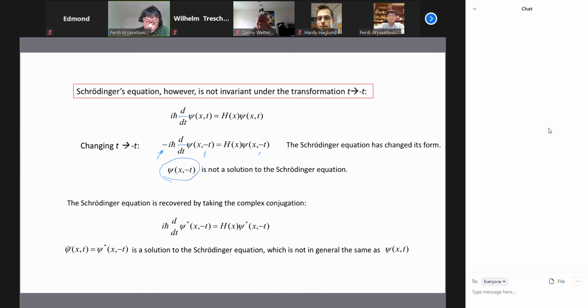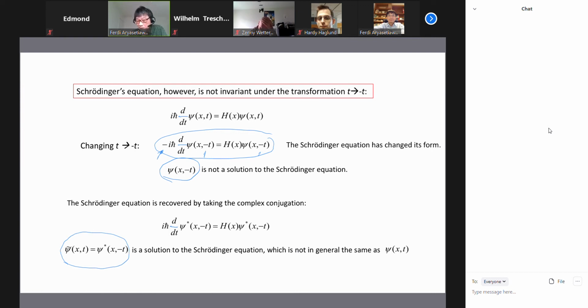However, if we take the complex conjugate of this equation here, then we realize that this quantity, the conjugate of the original wave function but with t becoming minus t, is a solution to the Schrödinger equation.